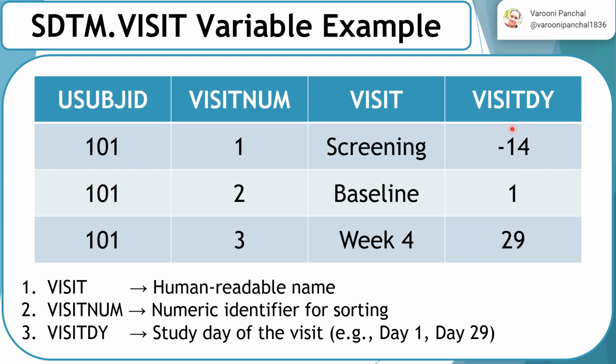That's how it is calculated, because we are calculating from the first day of the visit, that is my baseline. After this, week 4 is day 29. So how many days were there between this date and that date? I will have the visit baseline and visit week 4, with the respective start date and end date of each visit. When you subtract baseline from week 4, you will normally get 29 days. That represents the study day of the visit.